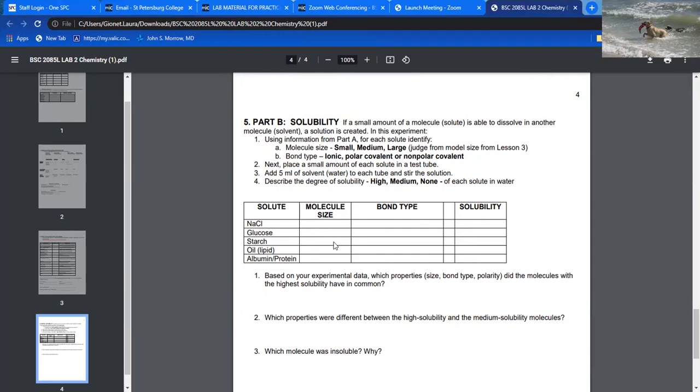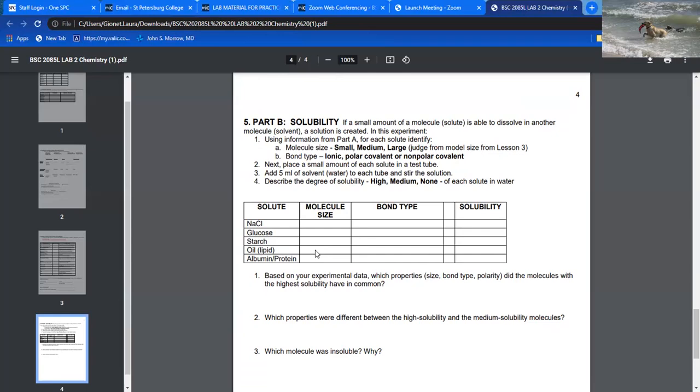The bond type is polar covalent and its solubility is medium. The reason why is that starches are just long chains of things. So yes, it has compatible bond types, but it's awfully large to suspend. It's more difficult to suspend, so we'll say it's at a medium solubility.